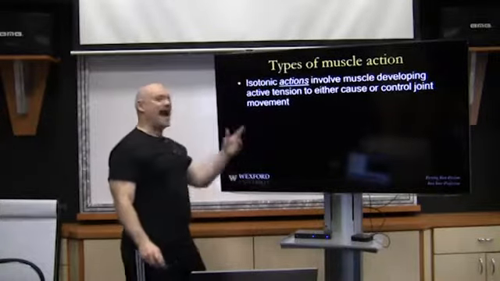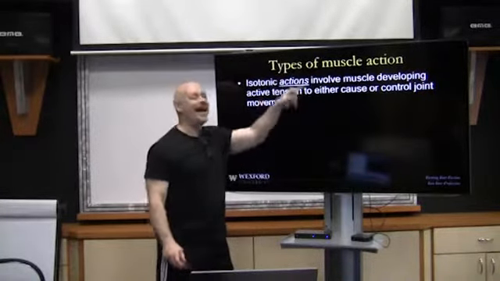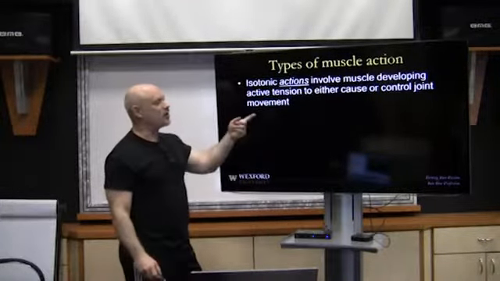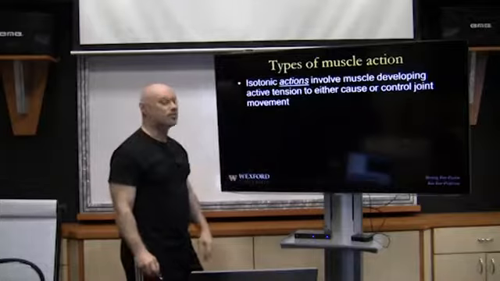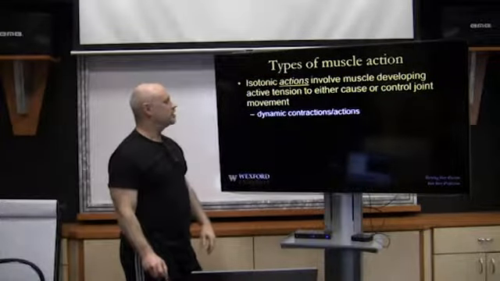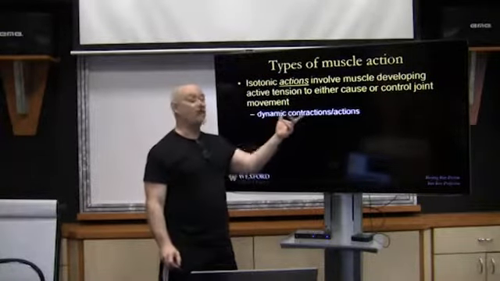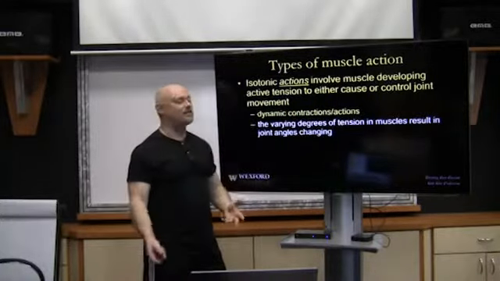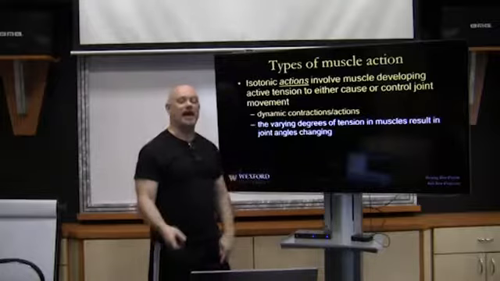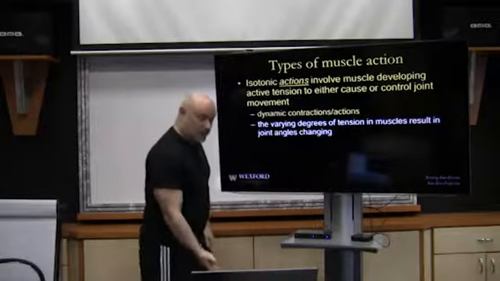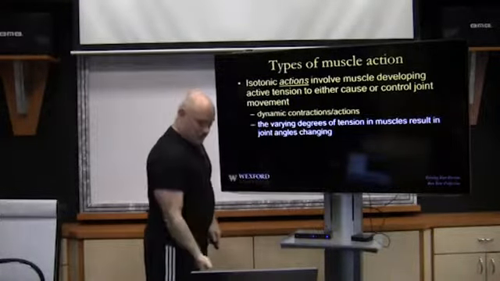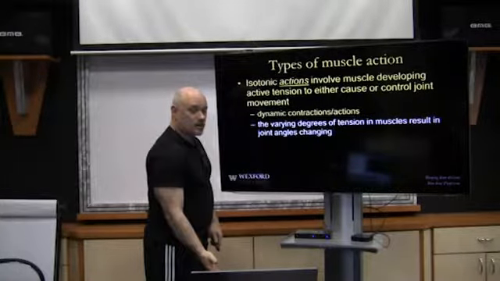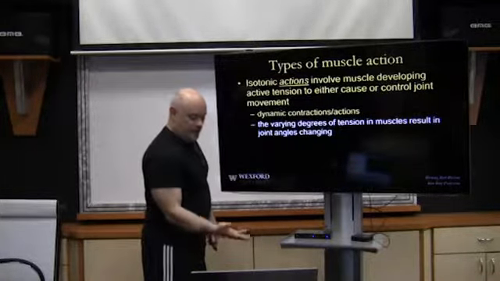Now, isotonic actions. Remember this word, action. It involves muscles developing active tension to either cause or control joint movement. We have dynamic contractions or dynamic actions, and there are varying degrees of tension in the muscle resulting in joint angle changes. If we look at elbow flexion, when the muscle pulls on the lower arm, the forearm, what happens?